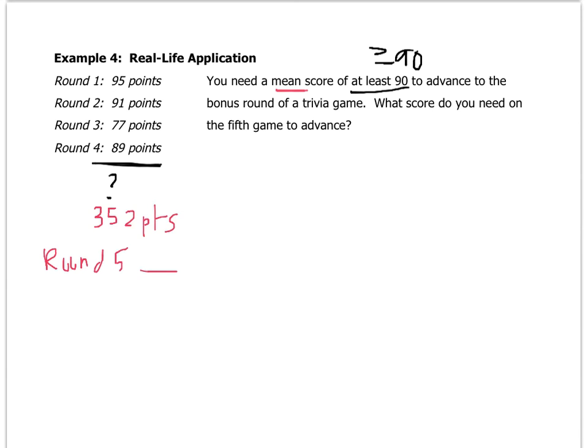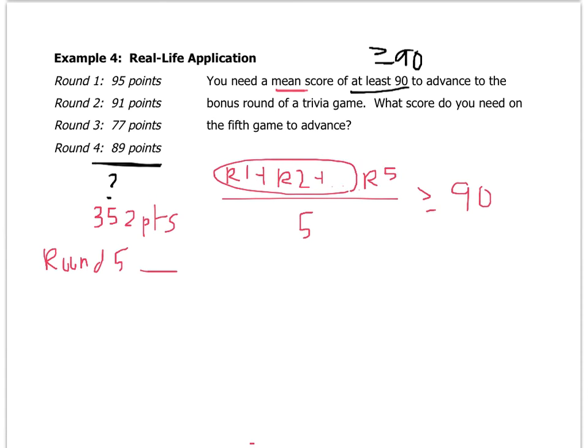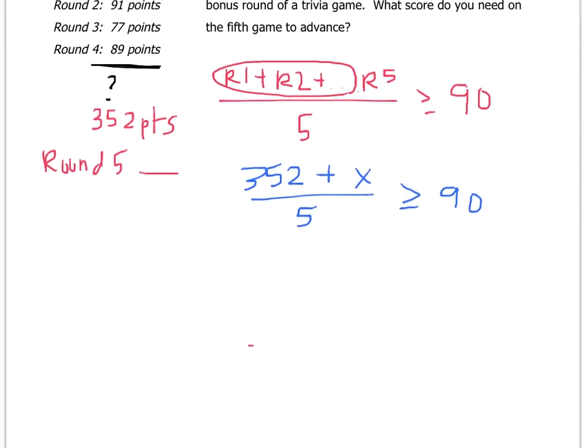So essentially I'm taking round 1 plus round 2 plus all the way to round 5, dividing by 5 rounds, and I want it to be at least 90. Now I've already calculated everything except for round 5. So I know 352 plus round 5, which I'll call x, divided by 5 has to be greater than or equal to 90. So let's solve it.